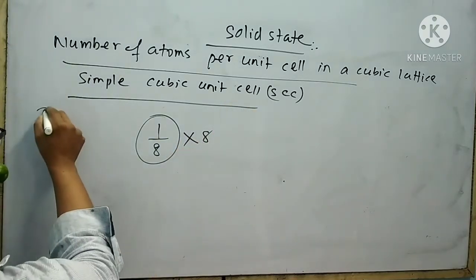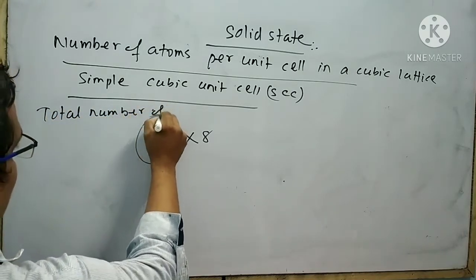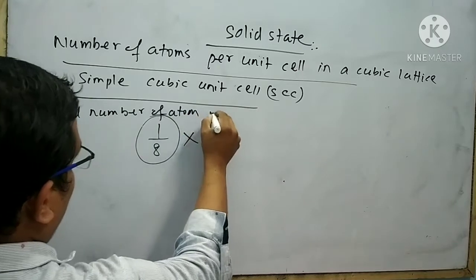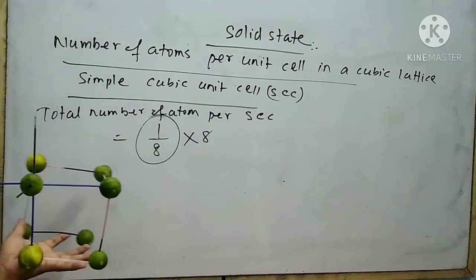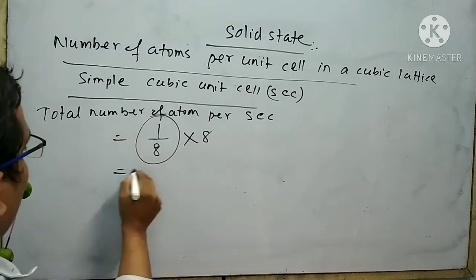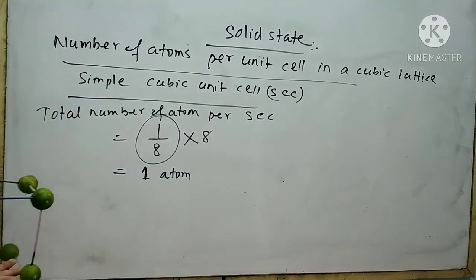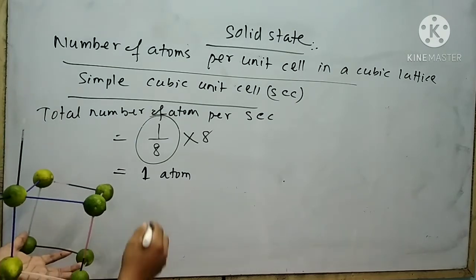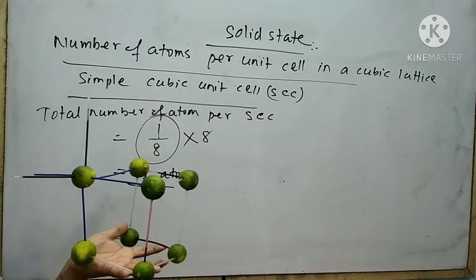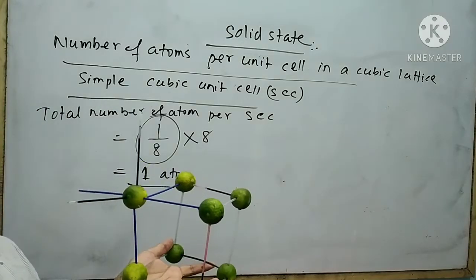That means the total number of atoms per SCC equals 1 by 8 into 8. That means 1 atom. So the total number of atoms per SCC equals 1. With the help of one atom, we can form one simple cubic unit cell.